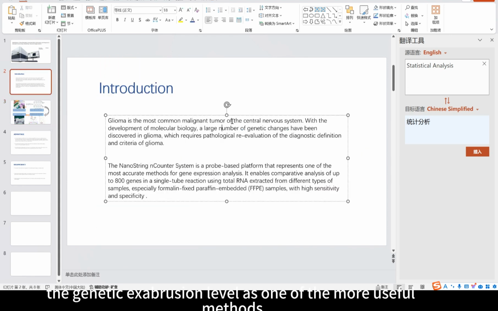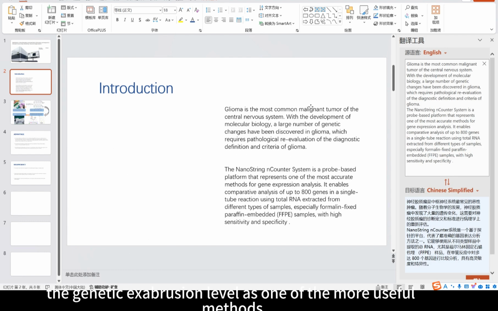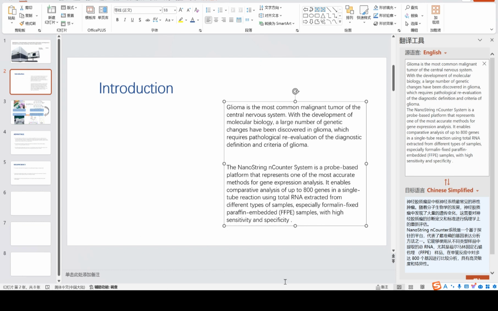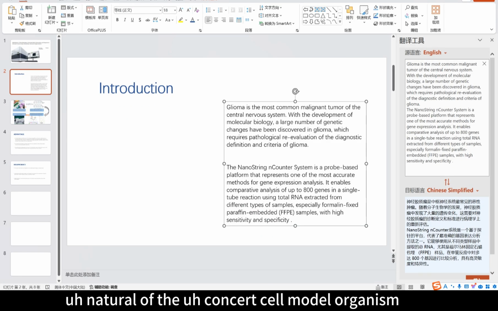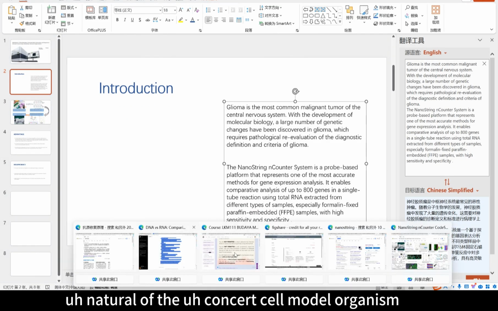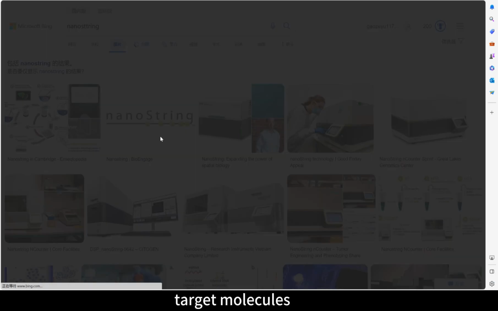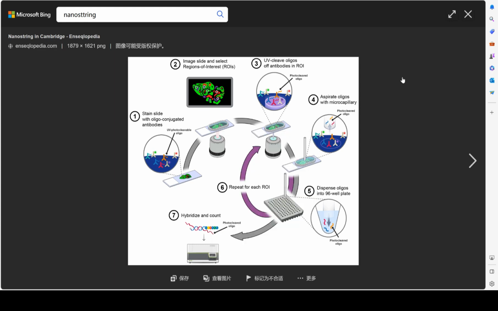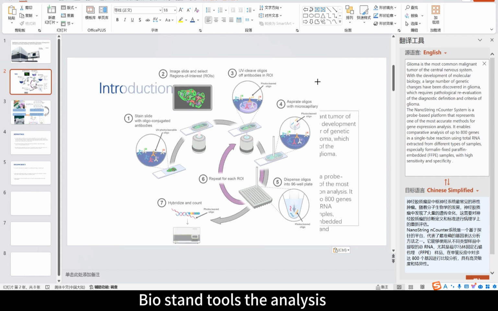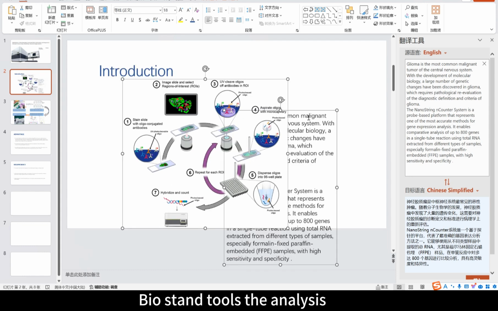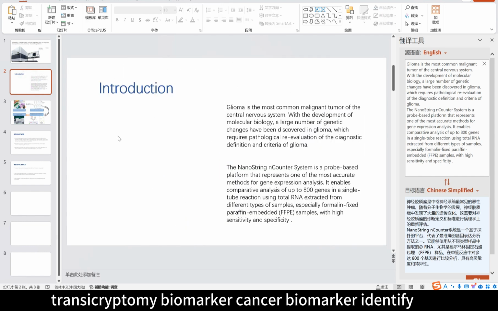The genetic expression level is one of the more useful methods for understanding changes in the nature of the cancer cell. This model organism, target molecules. Transcriptomic technologies are standard tools for the analysis of transcriptomic biomarkers.